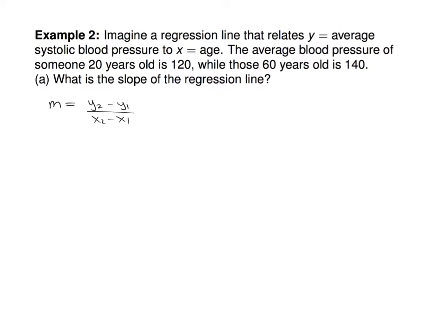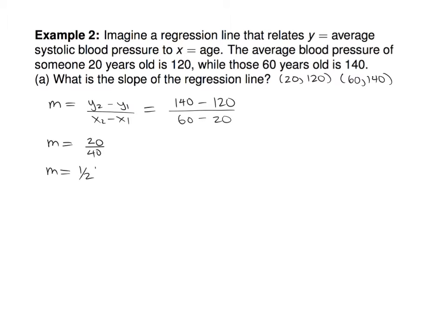So x is age, y is average blood pressure. So age goes first in our ordered pairs. So our first one is 20, 120, and the second one is 60, 140. So y2 just refers to the second y, so we do 140 minus the first y, which is 120, over 60 minus 20. So the slope is 20 over 40, or m is equal to a half.